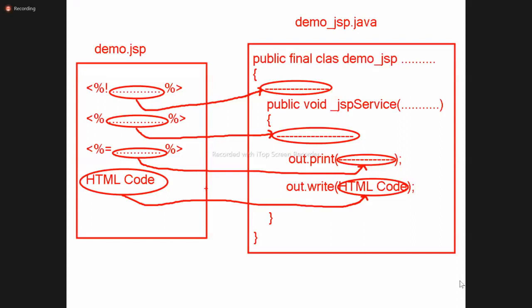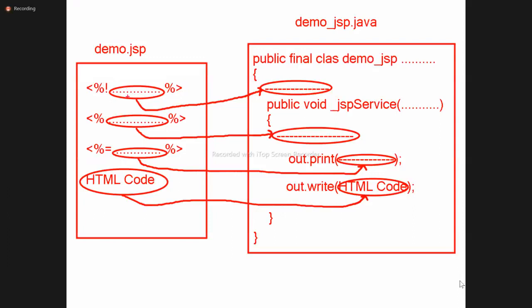For writing a method, one normal method other than this service that I want to write, declaration or scriptlet or expression or this one? What will you write? Declaration. Can you write a method here? That means here you can write, so that is declaration. Like that you have to select, with core Java knowledge.